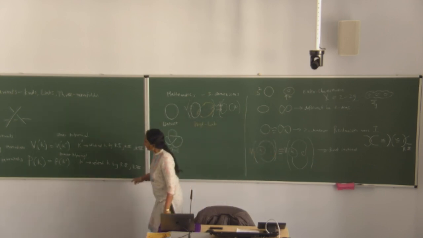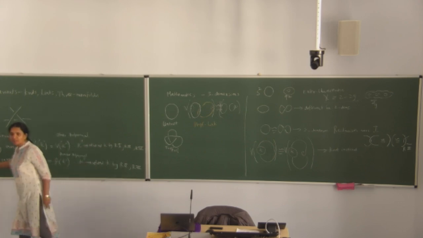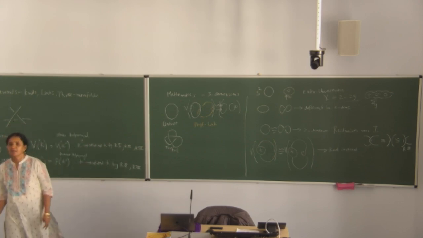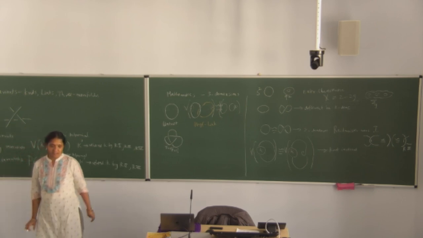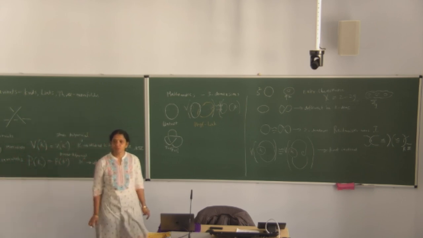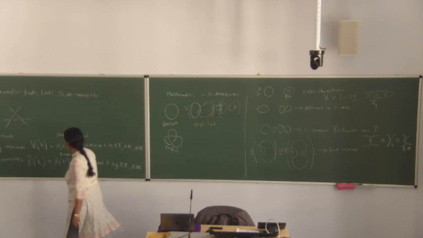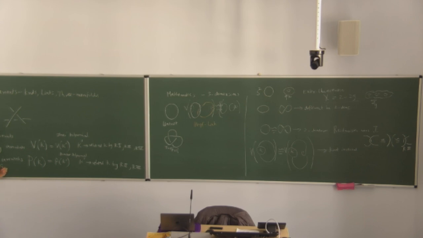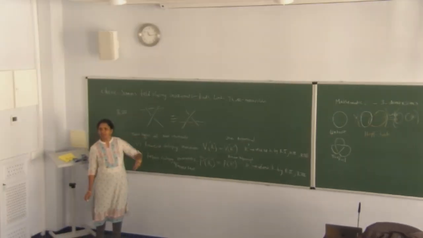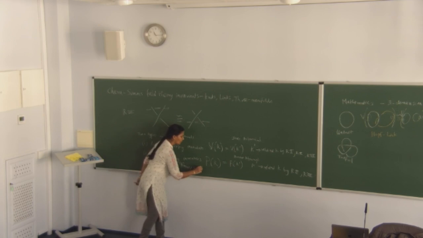And you may ask, why are we insisting on this regular isotopy invariance? The regular isotopy invariants are sometimes referred to as framed knot invariants. I am confining to knots, but you can do it for general links also. A framed knot invariance.